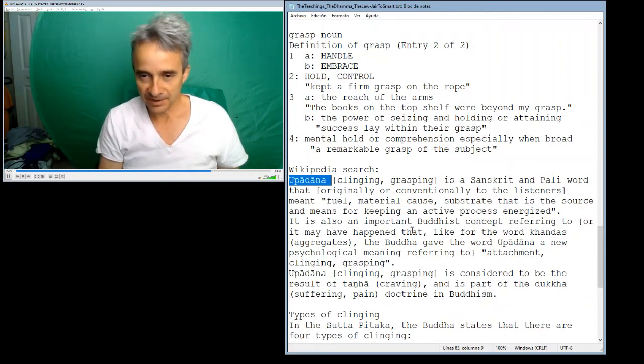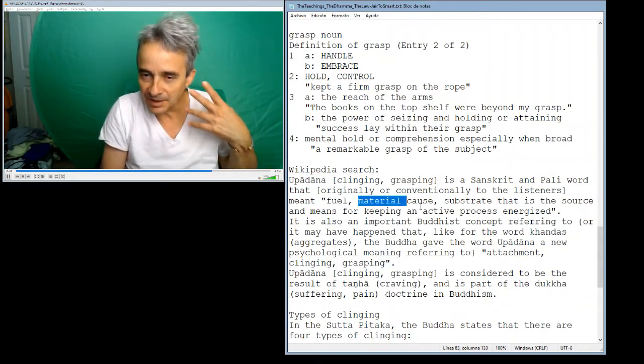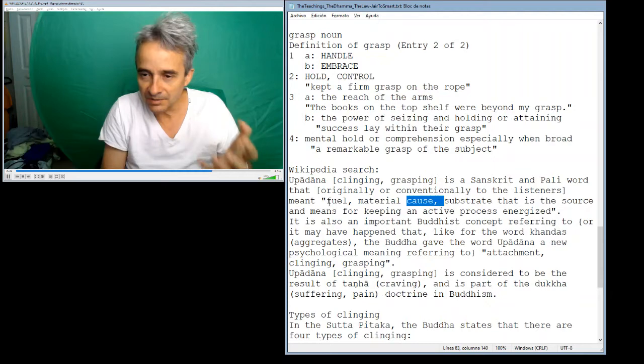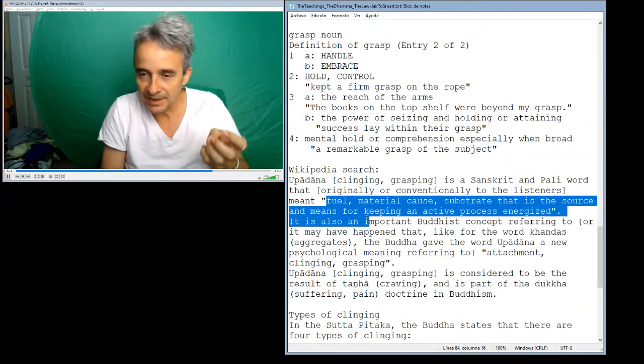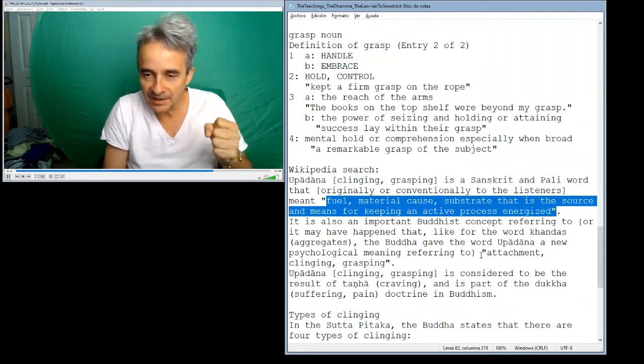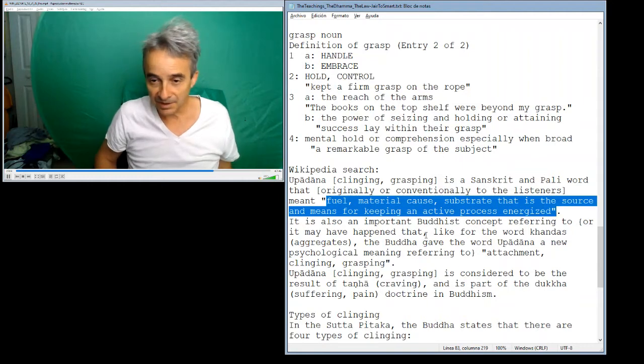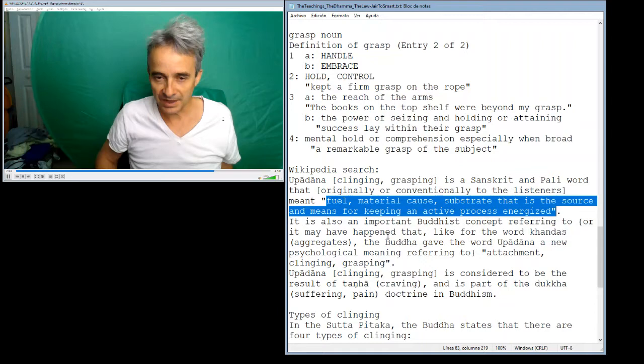To the listeners of the Buddha, it originally or conventionally meant fuel, material cause, substrate, that is the source and means for keeping a process energized. So it could also mean food or calories to keep oneself energized.